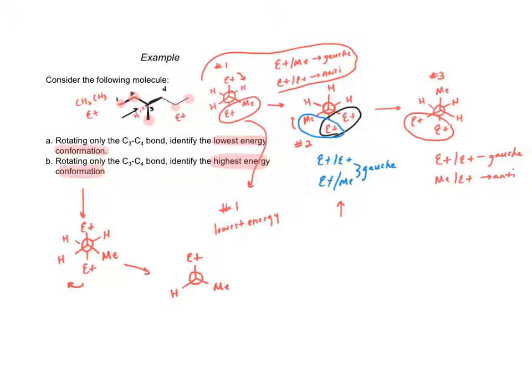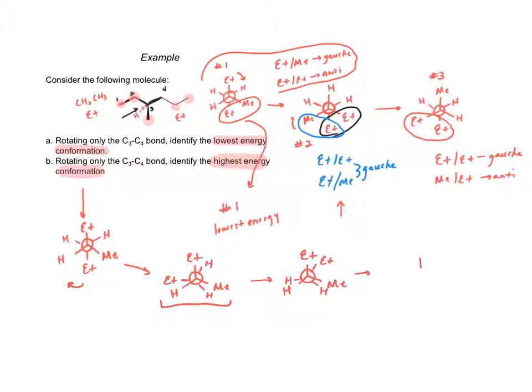So the back is going to rotate to the left, clockwise. First thing we're going to find, we're going to have a hydrogen here, a hydrogen here, and we're going to move that ethyl here. So we have one of these. Same thing: ethyl, methyl, hydrogen. We rotate again to the left, where we get the ethyl, the hydrogen, and the hydrogen.